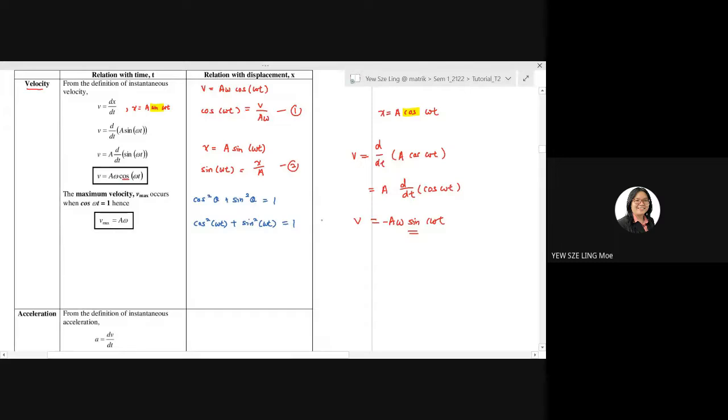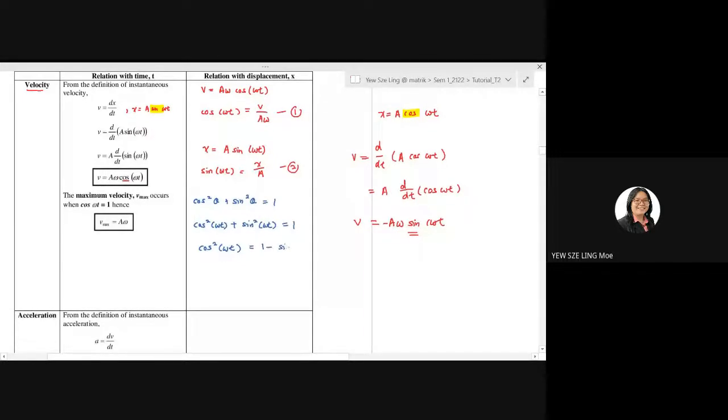Okay, and then what happened? I'm going to rearrange the equations. Because I want v on the left hand side, I will leave cos on the left hand side. So cos square omega t is then equals to 1 minus sine square omega t.